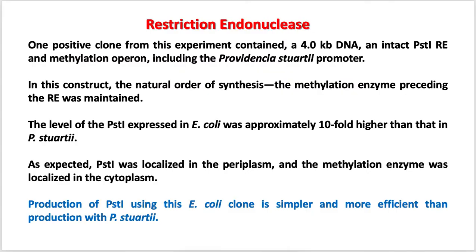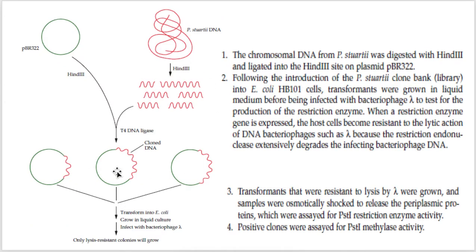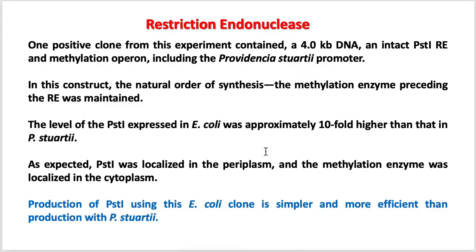Okay. So now when we do this cloning, not only the DNA which encodes the enzyme is inserted, along with this DNA some additional sequences also need to be inserted, such as the sequence for methylation, the methylation operon, and also the promoter sequence, which is important for the expression of the PST1 gene.